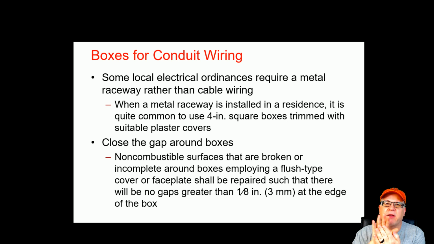Now, a flush type cover means that it's going to mount flush with the wall, whereas a surface mount means it mounts on the surface of the wall. I get so excited. And so again, if it's non-combustible, then I can have a gap as long as it's not larger than 1/8 of an inch. If it's combustible, then I can't have any gap at all. Okay.